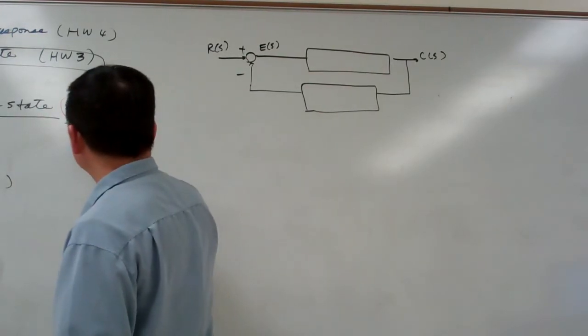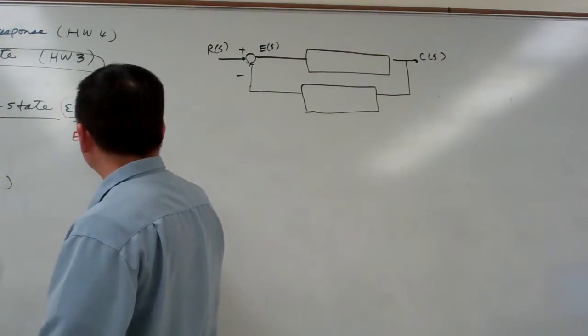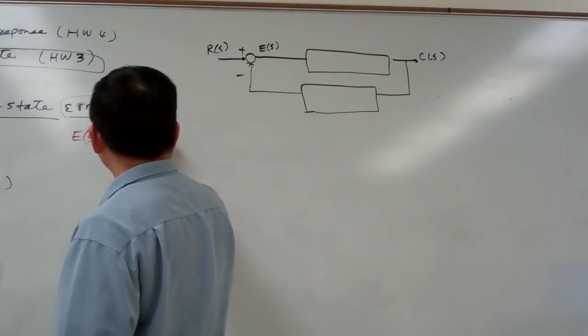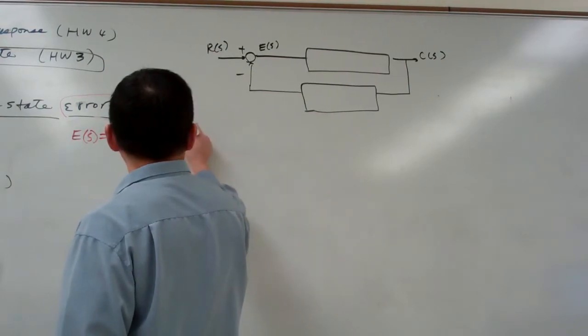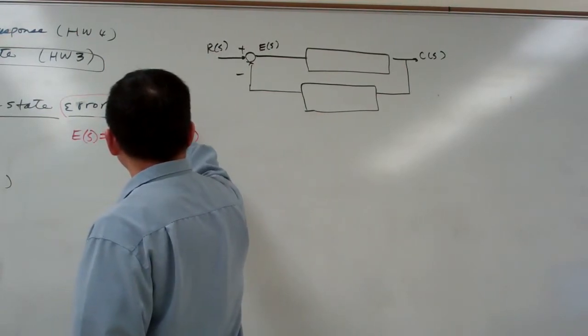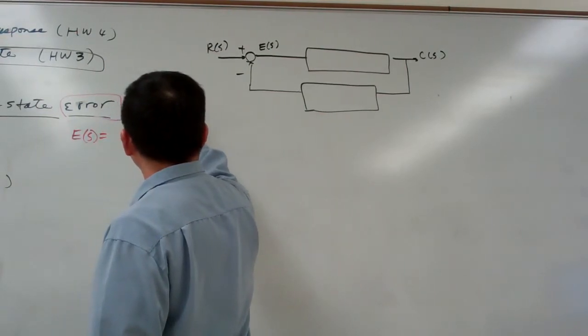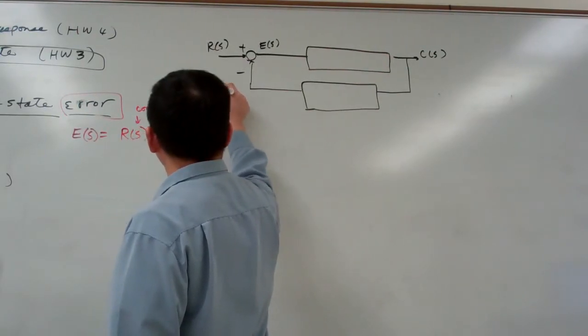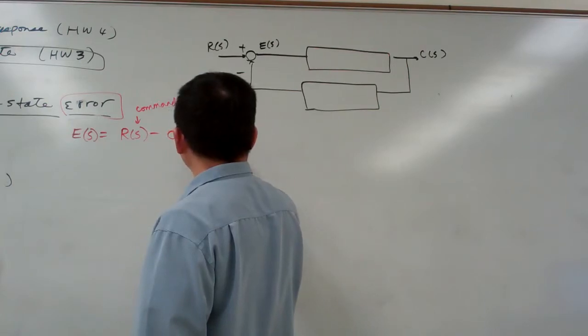So let me precisely define it: this error is the difference between R and the output. This is our command, or input, and this is our output.